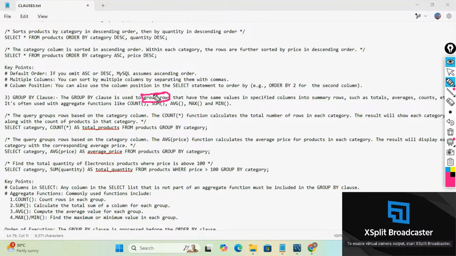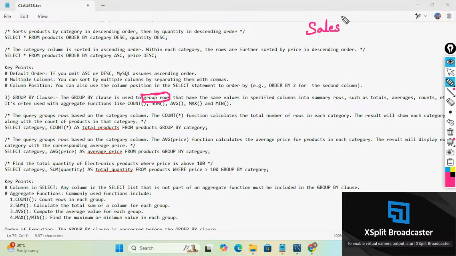When you have different categories, for example, I take our same data set. If I want to get only the data for the sales department, is it possible? Yes. How?